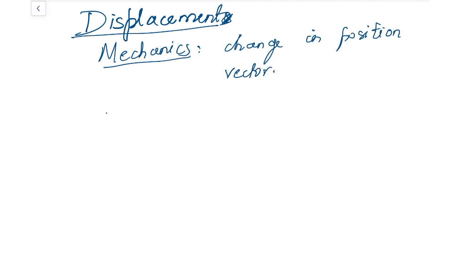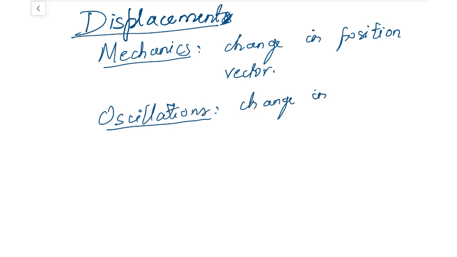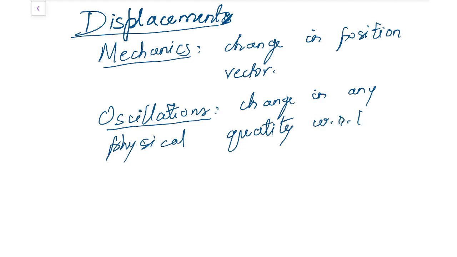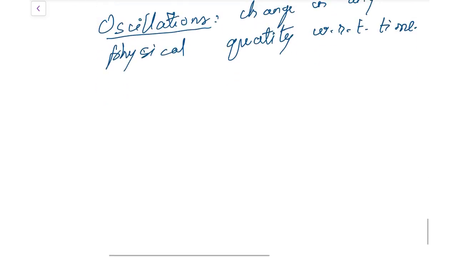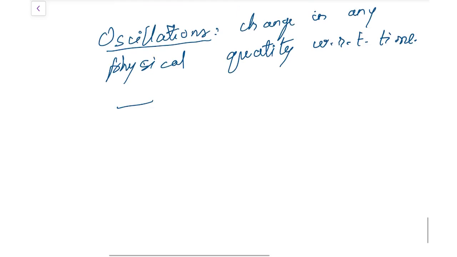Now, what is displacement in oscillations? It is change in any physical quantity with respect to time, not just position. We'll understand it better using an example. For example, there is a simple pendulum supported from a rigid support.